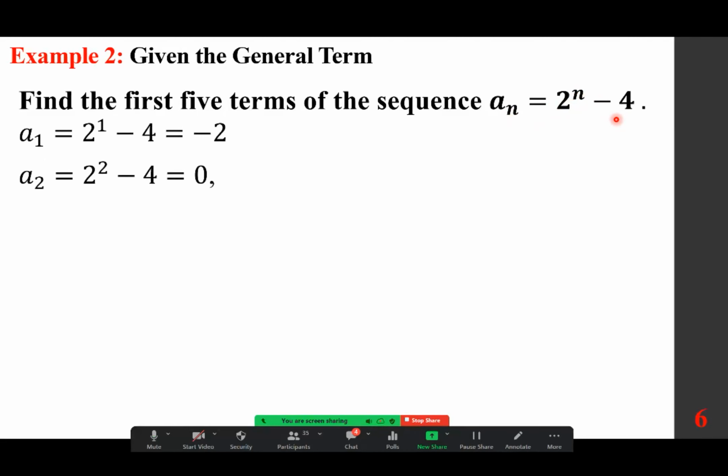How about the third one? Anybody? What would be the third one? Replace the n with 3. What do you get? 4. Beautiful. If I put 3 here, I get 2 cubed, which is 8 minus 4.